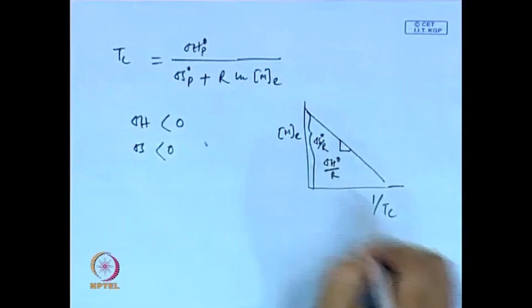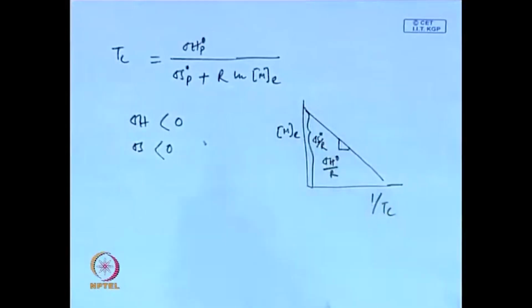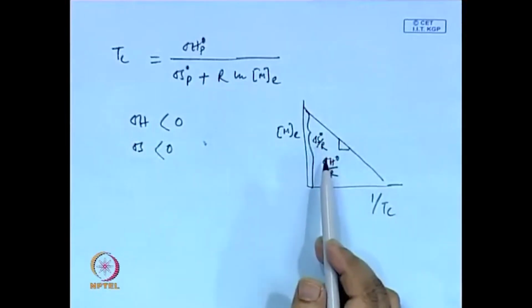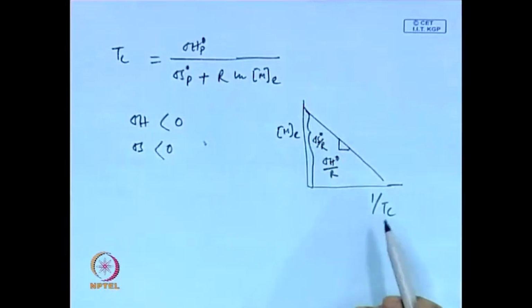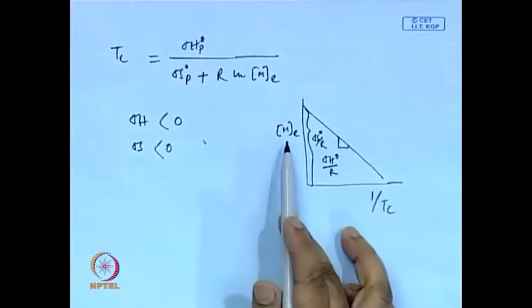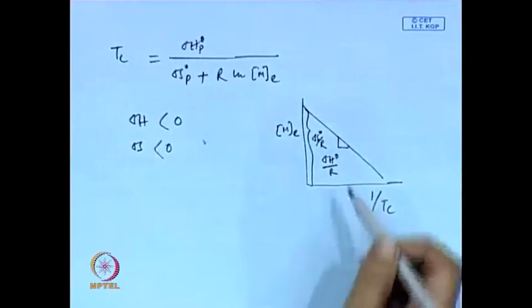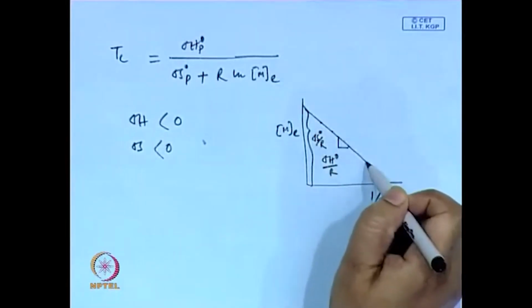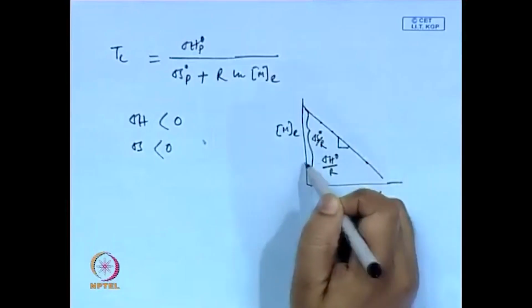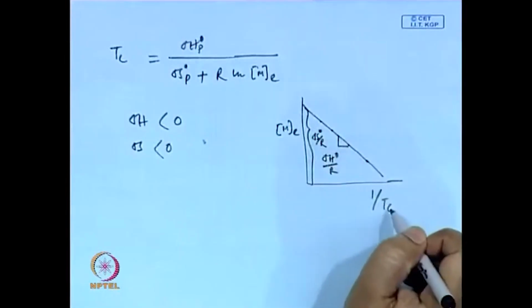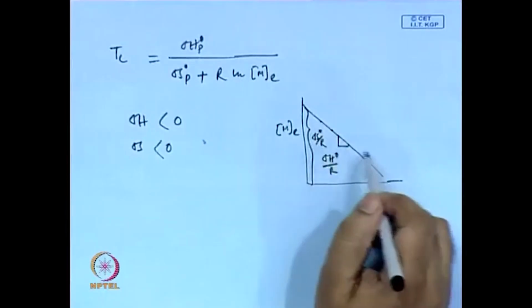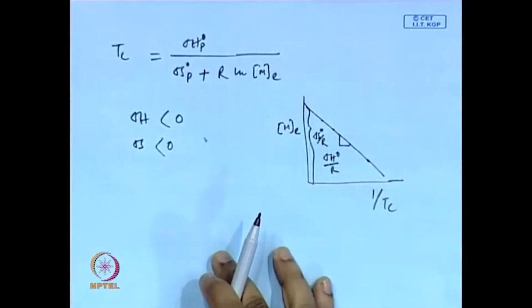If we know these values, we can get the values for delta S and delta H, and the reverse is true. If we know the values of delta S and delta H, we can find out the relation between Me and Tc. Each point in this represents a particular Tc and corresponding Me value, which means that Tc is not a singular number, it varies along with your free monomer concentration.